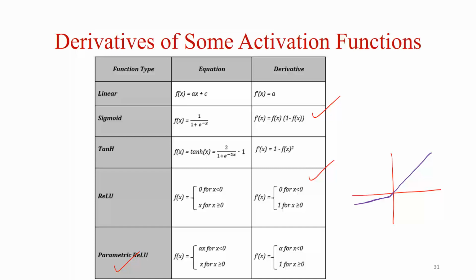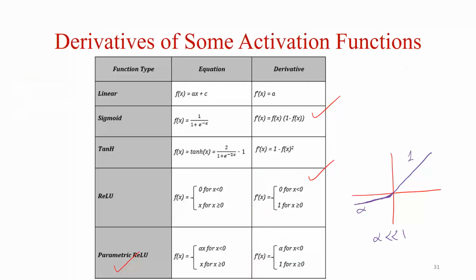For x greater than 0, the derivative will be 1, and for x less than 0, the derivative will be alpha, which is smaller than 1. Typically alpha is less than 1.